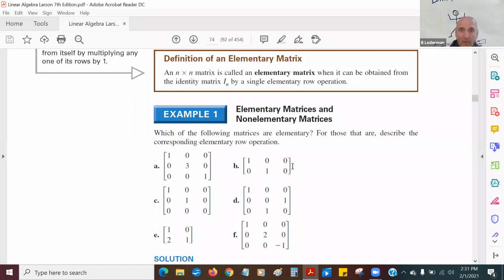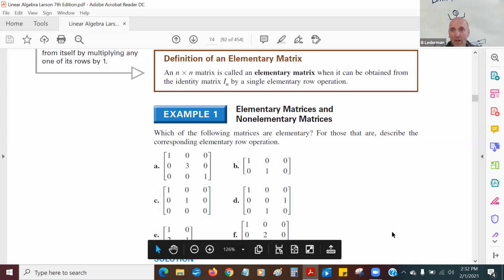So E is good. And for F, well, F looks good, except that it looks like it did two things. In other words, I multiplied the second row by 2, which is an elementary operation. And I multiplied the third row by -1, which is also an elementary operation, which is fine. The thing is, I had to do 2 operations, not just one. So even though F is fine, since I had to do 2 operations, it's not considered an elementary matrix.